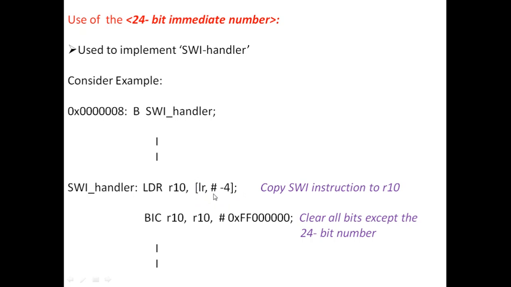Link register holds the address of the next instruction after the SWI instruction in the main program. Because that instruction occupies 4 locations, the link register address minus 4 will give you the address of the actual SWI instruction.